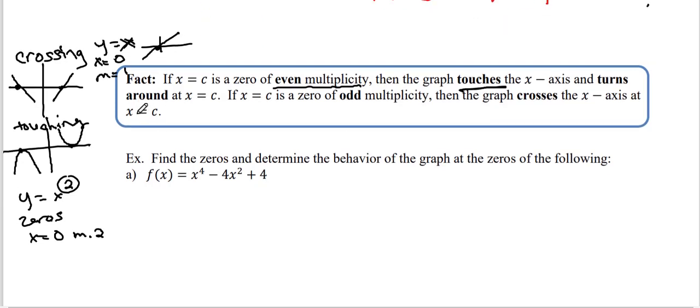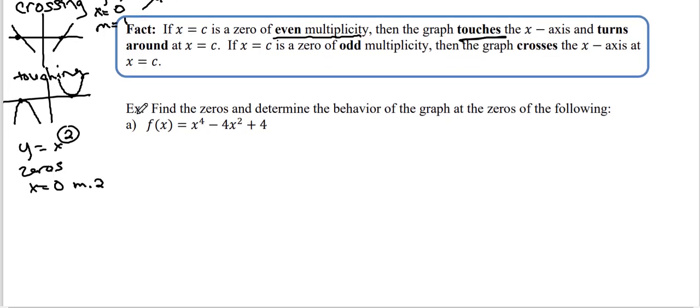Okay, let's take a look at this function. F of x equals x to the fourth minus 4x squared plus 4. So let's find the zeros first. We find the zeros by setting the function equal to 0. If you remember back from Unit 1, this is an equation of the quadratic type.